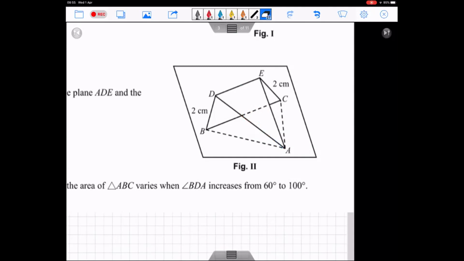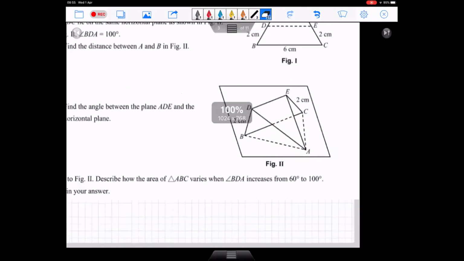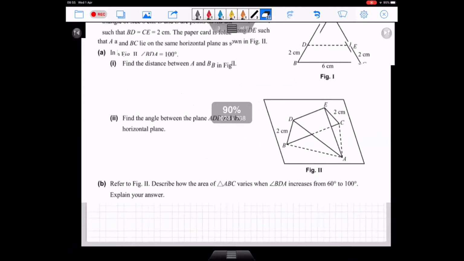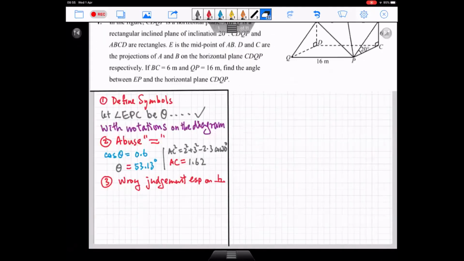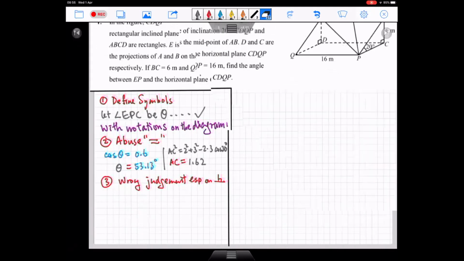Now, this is a fatal mistake. This is a mistake with huge consequences. Because if you assume some of them is a right angle, and it turns out to be not a right angle, then all your calculation goes haywire. All the calculations are wrong. So you can't just do that, okay?